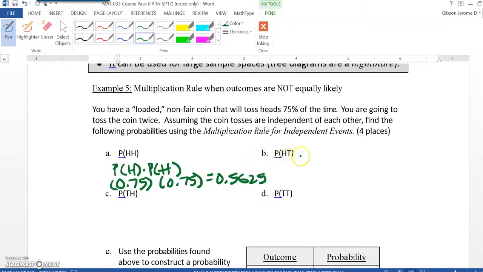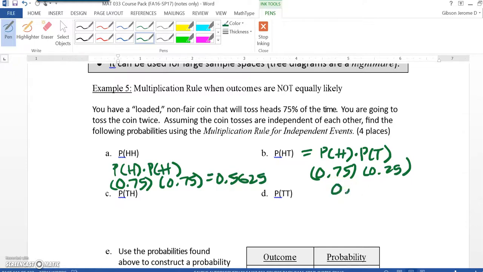Now we go to the probability of heads and tails. So it would be the probability of heads times the probability of tails. The probability of heads is 0.75, and the probability of tails is 0.25. When we multiply this out, this gives us 0.1875.